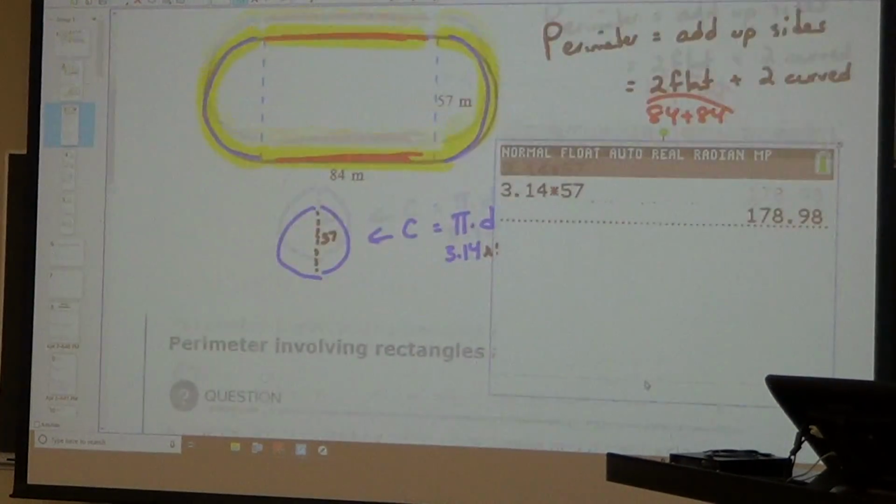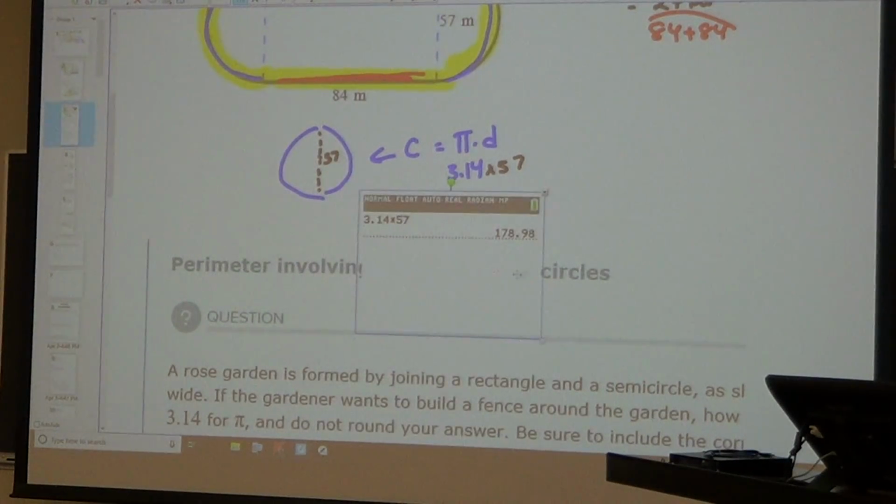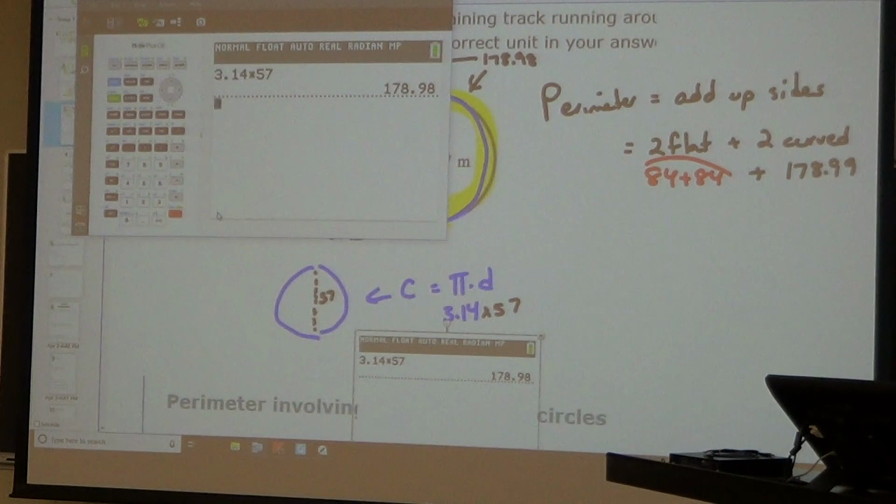I walked the whole of it. So I'm going to use 178.98. That 178.98 represents both of those together. So to get my perimeter, I would use the 178.98, which represents both of the curved pieces, plus the 84, plus the 84, there's my perimeter.